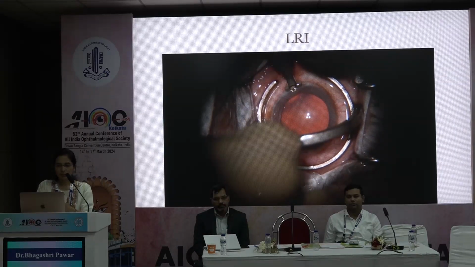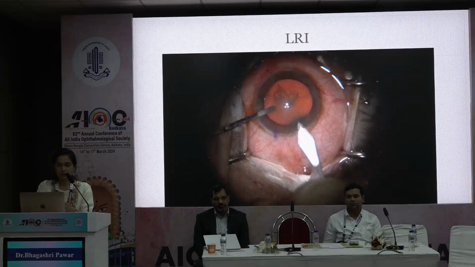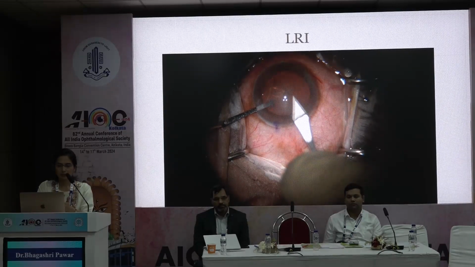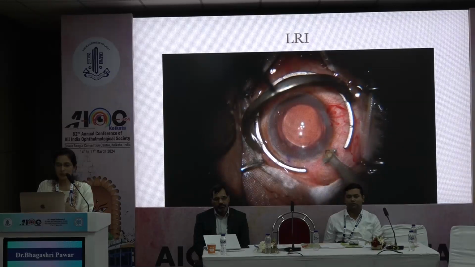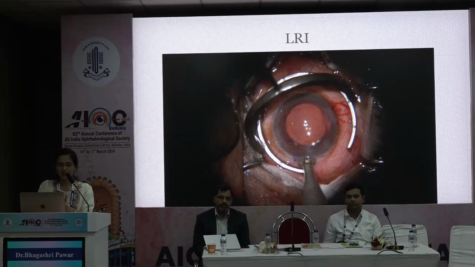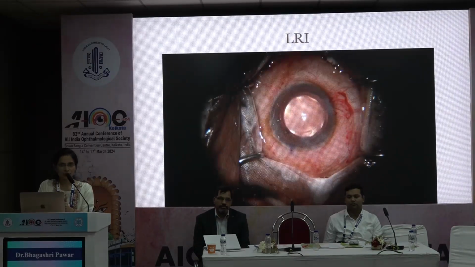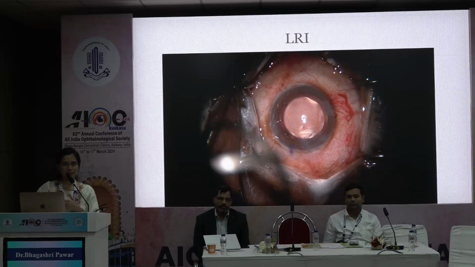From that partial arc, I do my phaco incision from the base of the LRI. You have to correctly delineate the base of the LRI. After completing the surgery, I extend the LRI incision to the desired arc length at the end of surgery. So basically, initially you do one side just the phaco breadth, and later you extend it to the desired arc length.